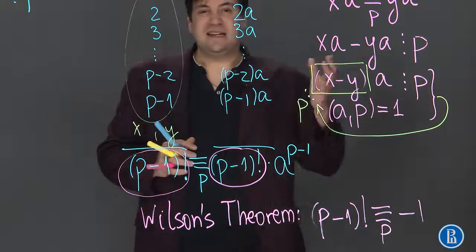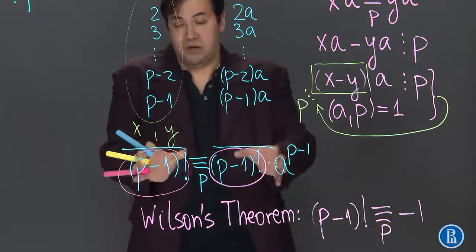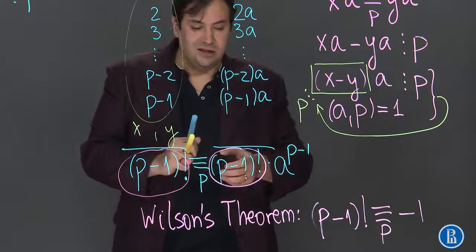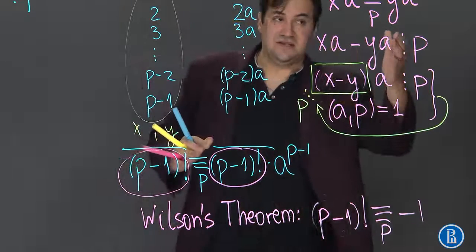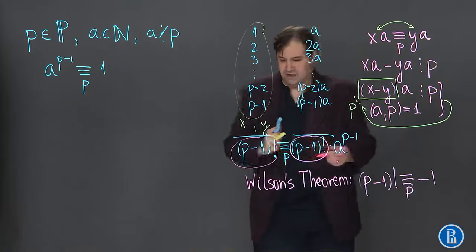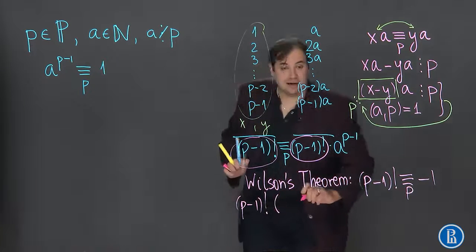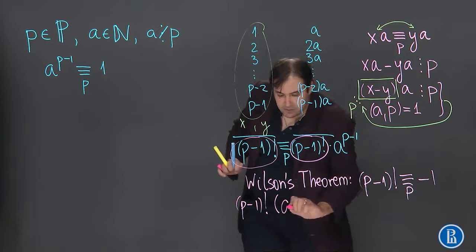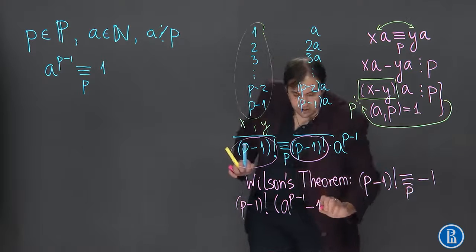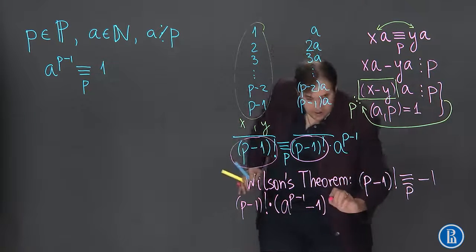We can use the same method as here, actually, because if we take these two numbers and transform this congruence modulo p into a difference divisible by p, then we will get p minus 1 factorial multiplied by a to the power of p minus 1 minus 1, and this product should be divisible by p.